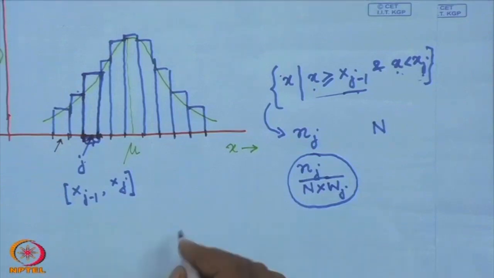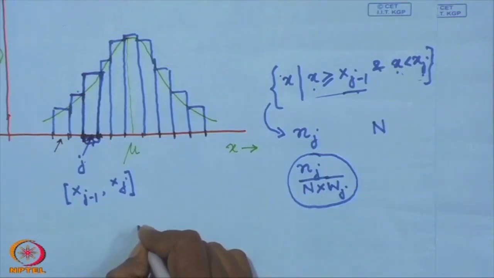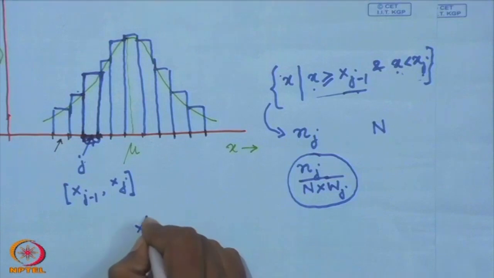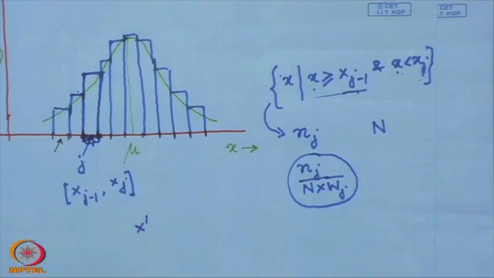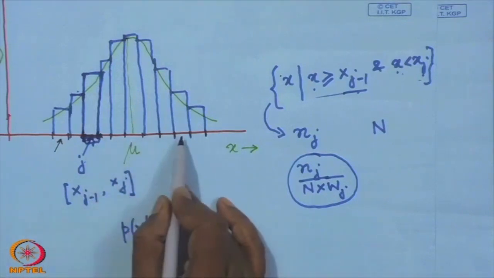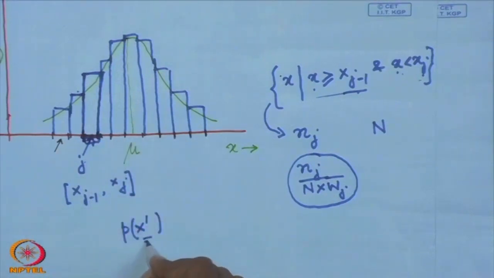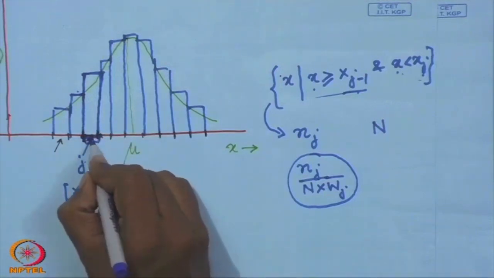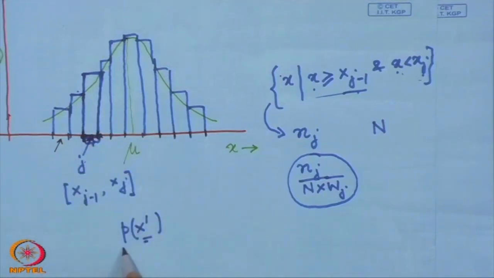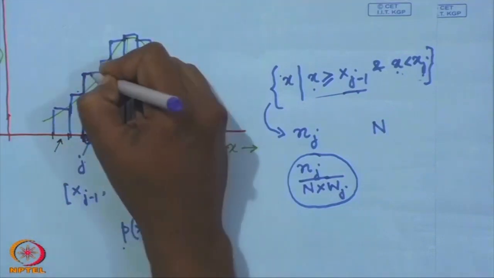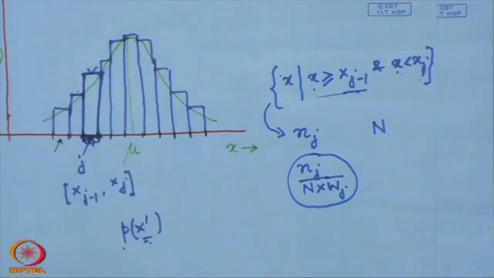So, given any other value of x, say x prime, which is unknown, and I have to compute p of x prime, I simply have to look for which of these intervals x prime falls in. If x prime falls within this jth interval, then immediately I can say that p of x prime is given by the height of this bar.